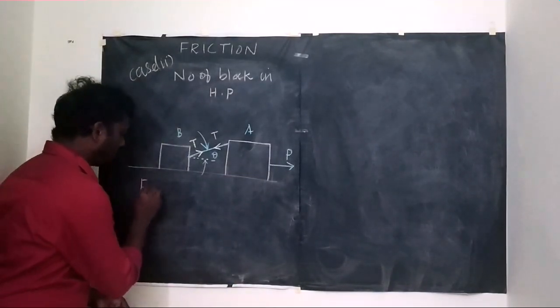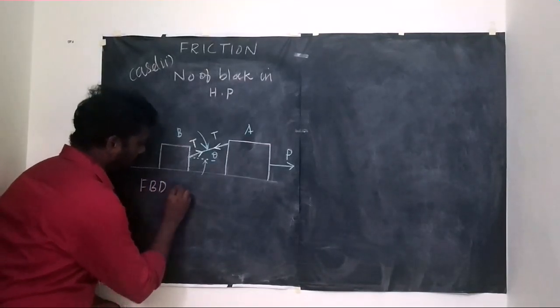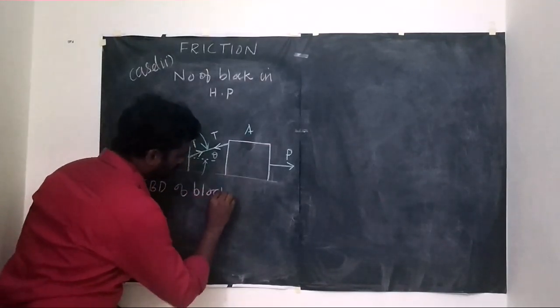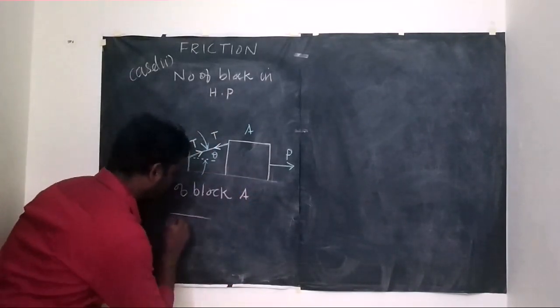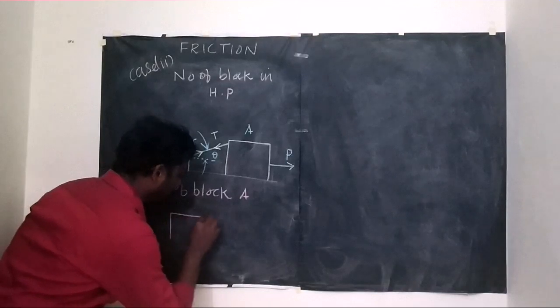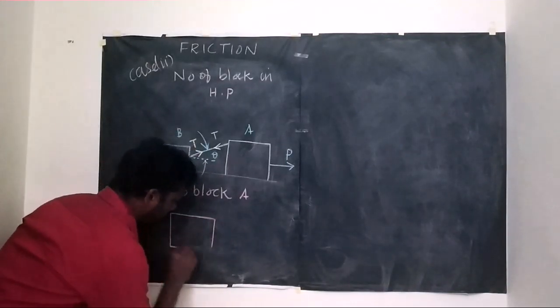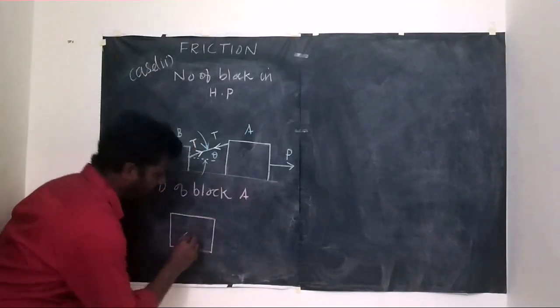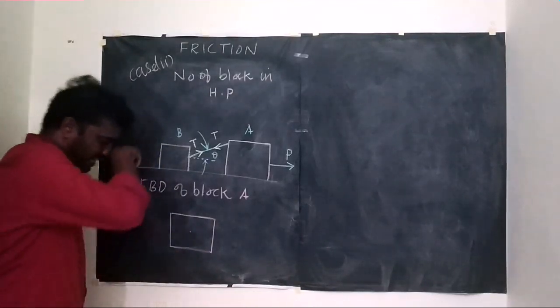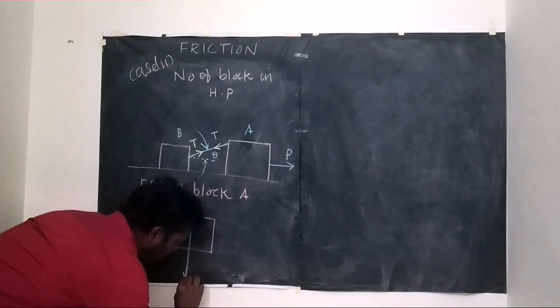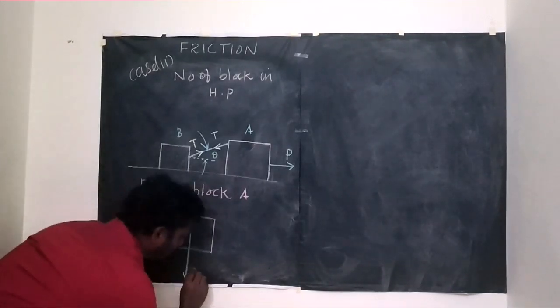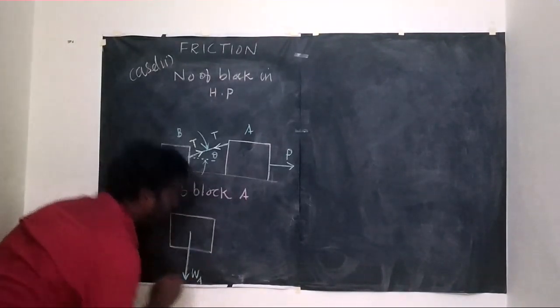Free body diagram of block A. This is my block A. This is the center of gravity of block A, on which the self weight is going to act, denoted by WA.